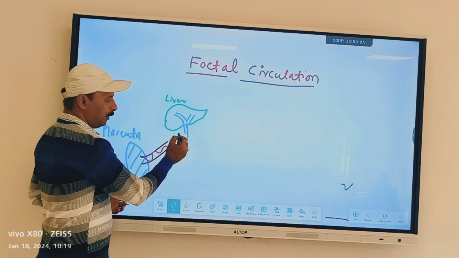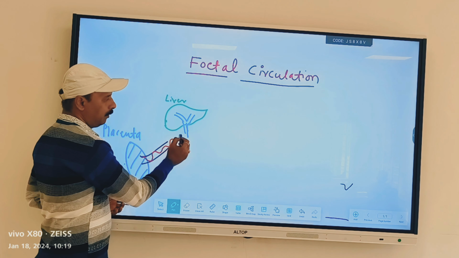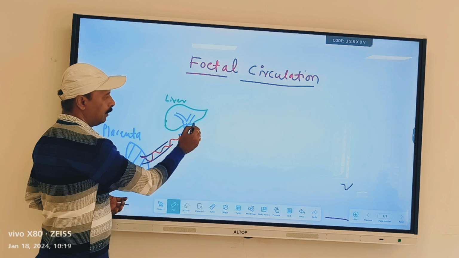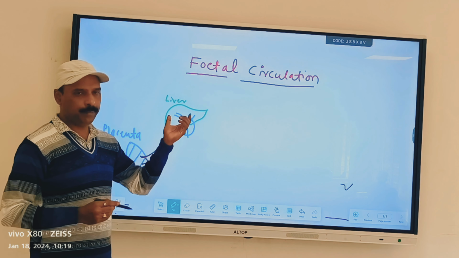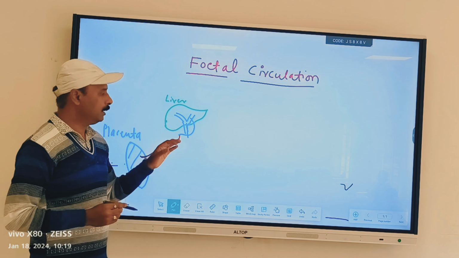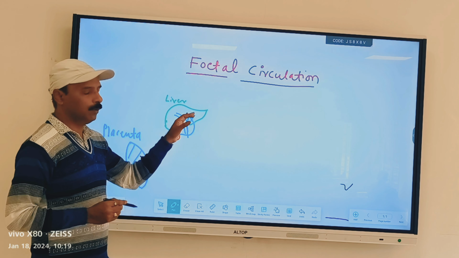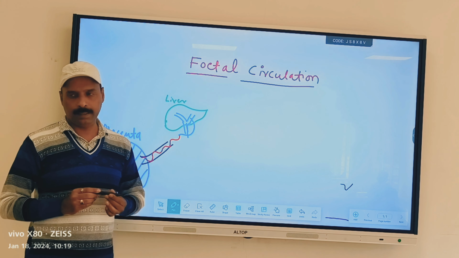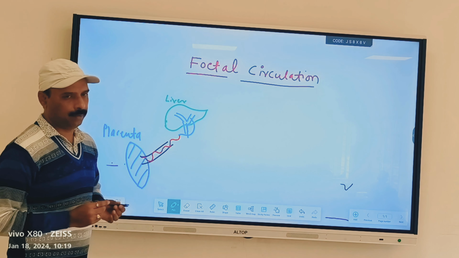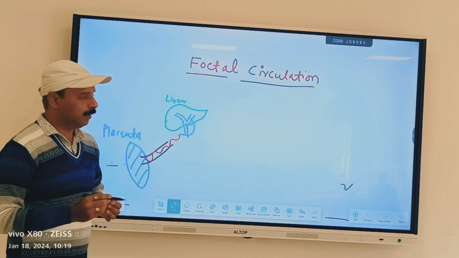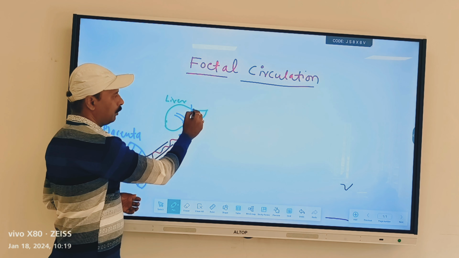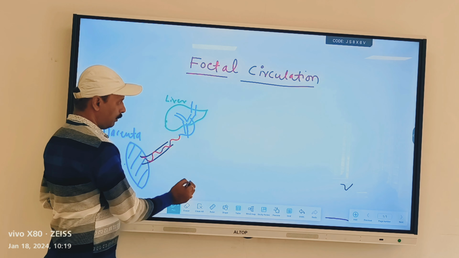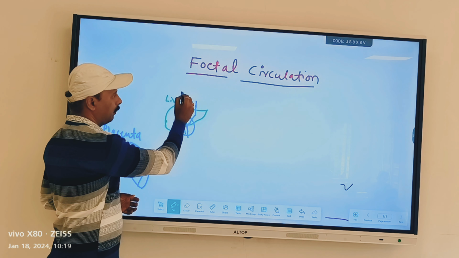This umbilical vein bypasses the liver and joins with the left portal vein. The portal system is bypassed because the umbilical vein opens directly into the portal vein, and this opens into the inferior vena cava.